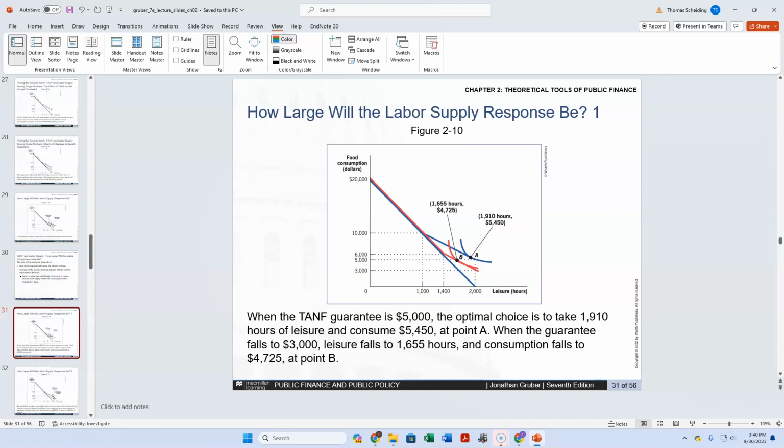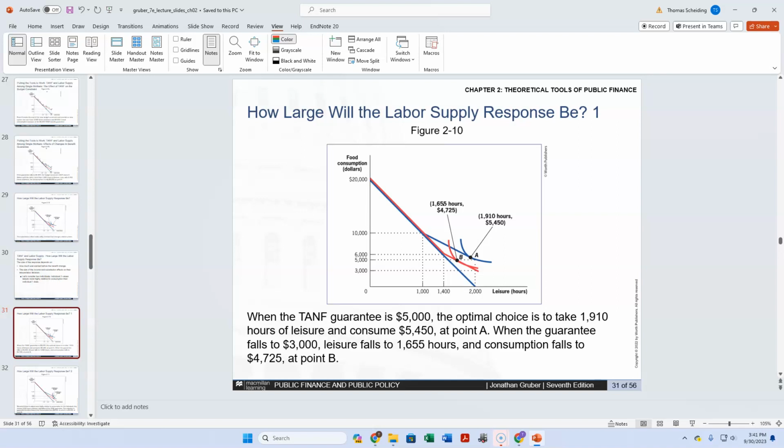Okay, people then, right, here's the scenario. People complain. They say that poor people are lazy, they're not working enough, and we're going to reduce the level of the benefit. Well, we can already know that if you've got to survive, then you're going to work more. And that's what we see on the red lines here. So the red line, we've got now a new budget constraint, a new indifference curve that it's just tangent to, and now the person has less leisure, falling from 1910 to 1655.